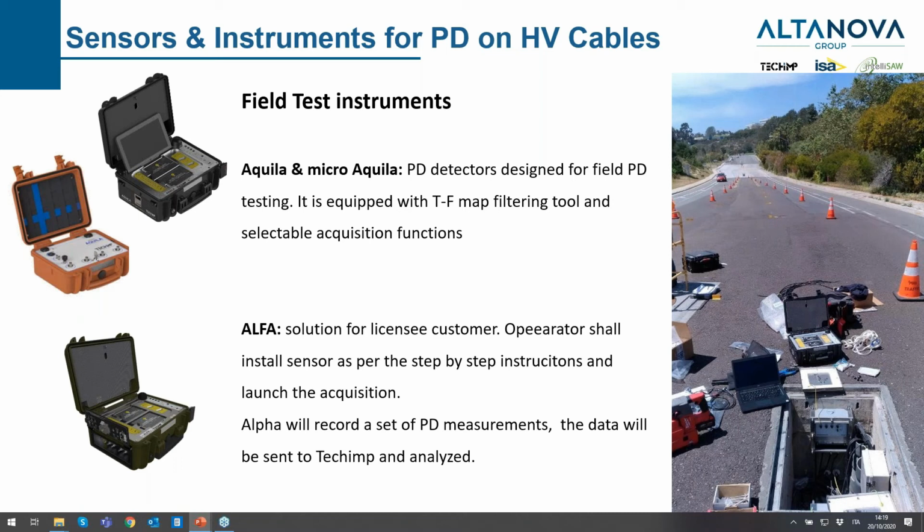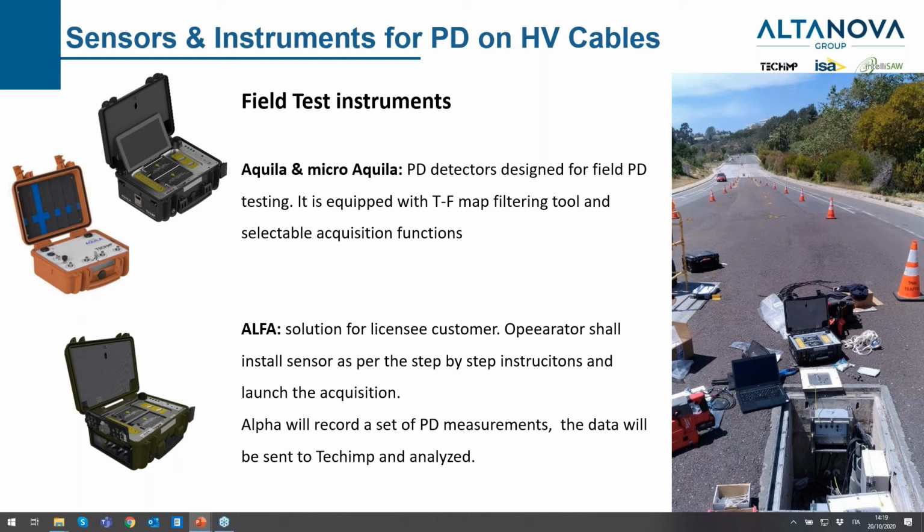And the Alpha takes care of this kind of customers and testing engineers by providing an automatic setup of the PD measurement chain, and automatically acquires PD data for the analysis. Just to give you an example, the Alpha has a step-by-step guide with a series of questions and answers between the Alpha and the operator, like what are you testing?